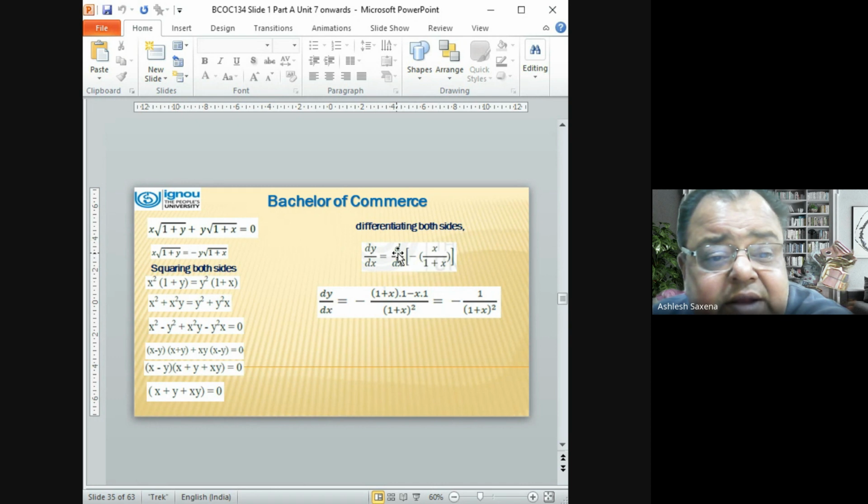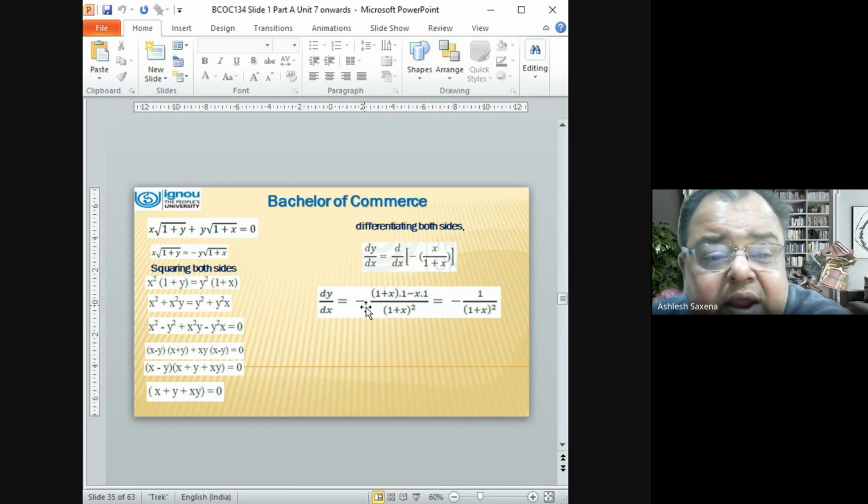We have to differentiate it, so dy by dx is equal to d by dx of the whole thing. Now you can see this is in u by v form. So we will be applying the quotient rule: squaring the denominator, bringing the denominator in the numerator into d by dx of x, which is 1, minus the derivative of this into 1. So it will be x into 1. You are left with this one.